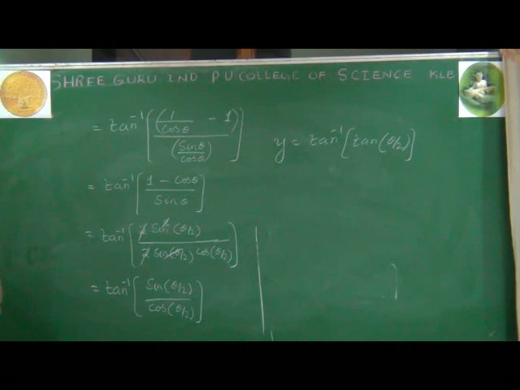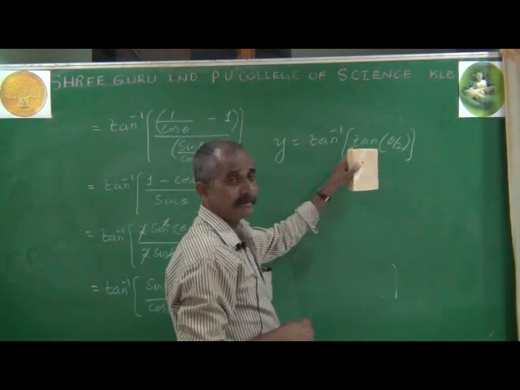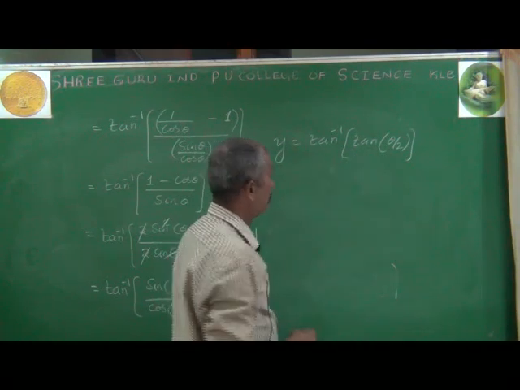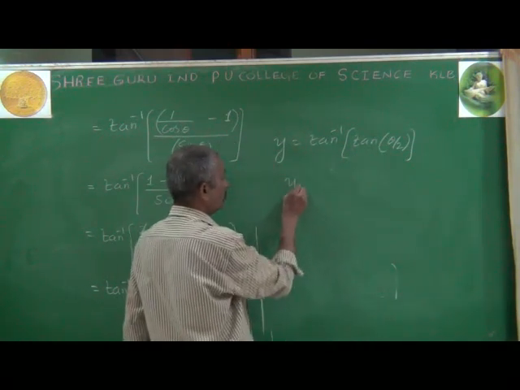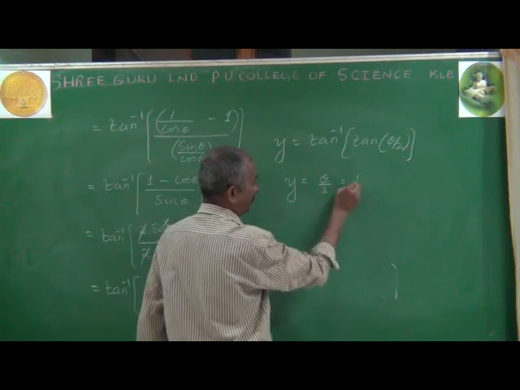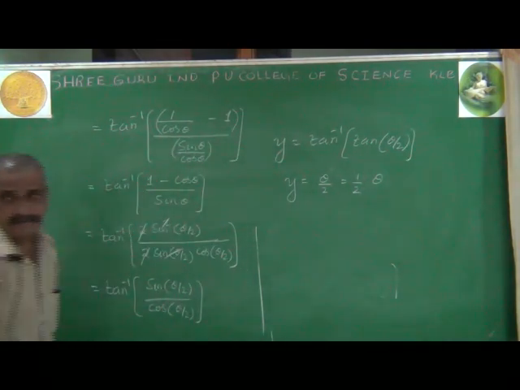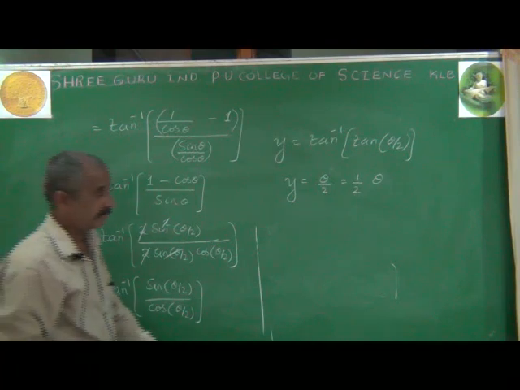Further, using inverse trigonometrical function formulas, namely tan inverse of tan x is x, now y equals theta by 2, or half theta. We have transformed that bigger expression to this simplest form.